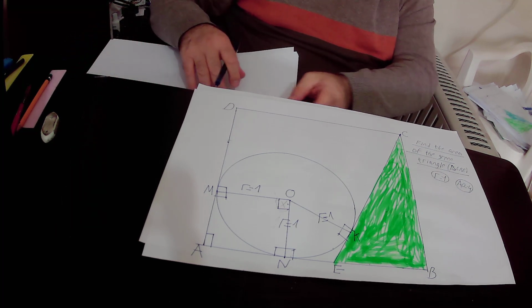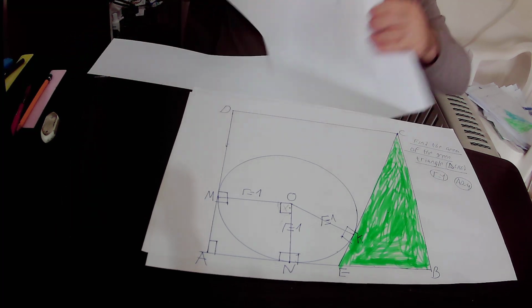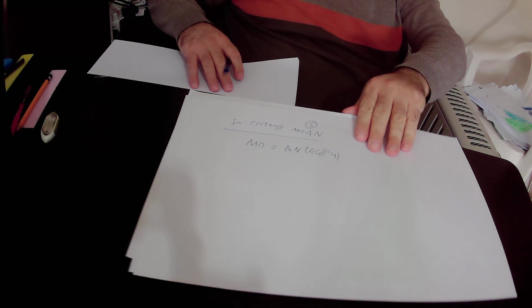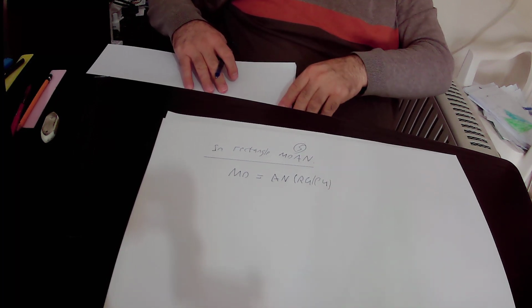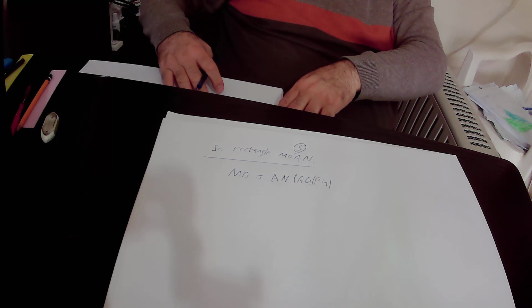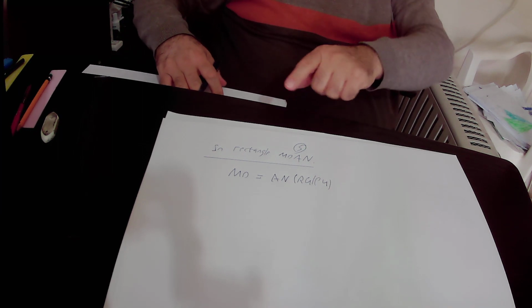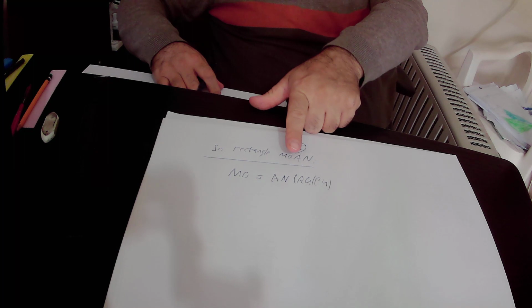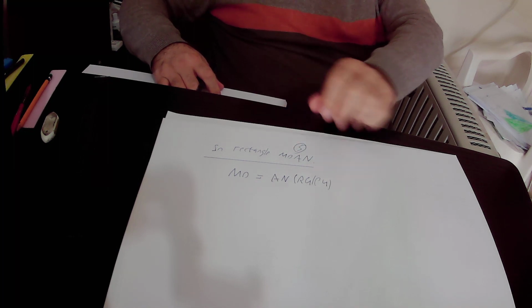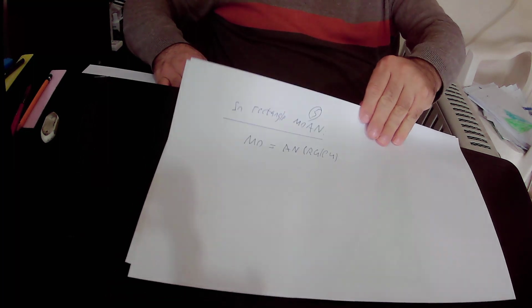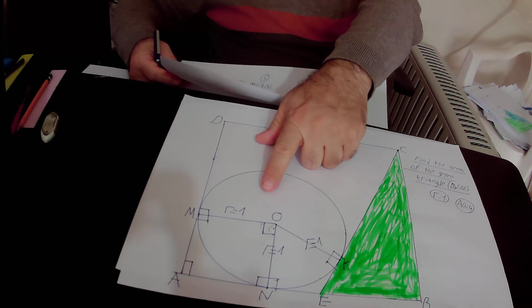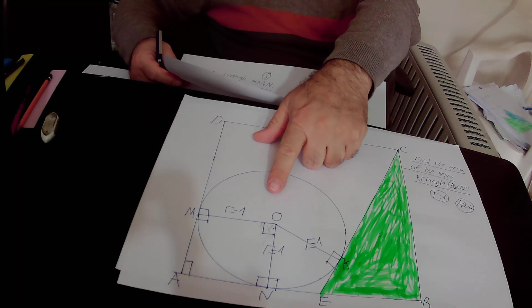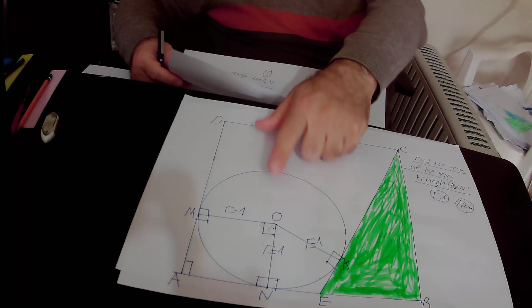I will repeat again. In rectangle MOAN, according to rule number 4, its opposite sides are equal to each other. That is to say, MO equals AN. Okay? But we know that MO equals 1 unit. It is given to us in the question.